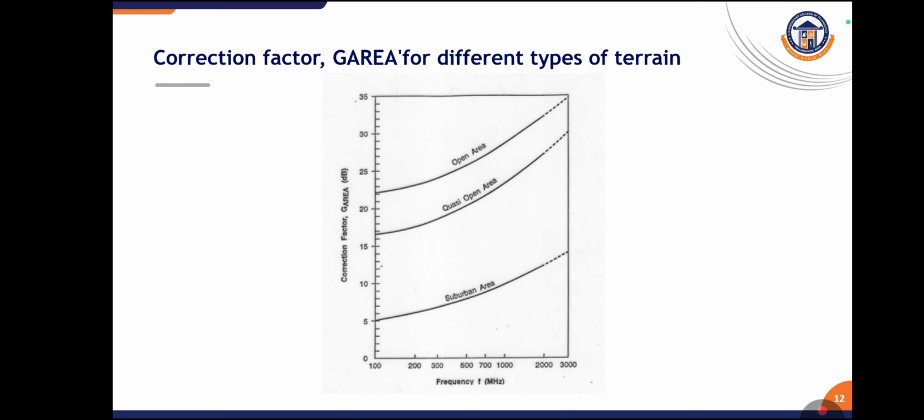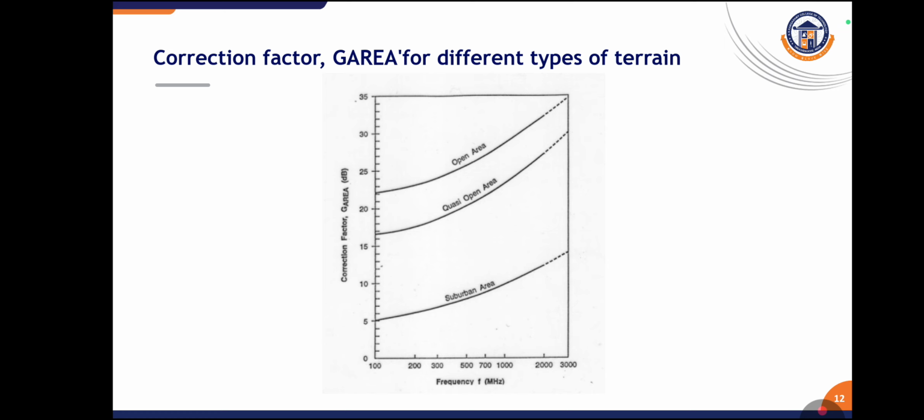In a quasi-open area, it is slightly decreased compared to the open area, around 17.5. And in suburban areas, the correction factor is 5 decibels when the frequency is increased from 100 to 3000 megahertz.